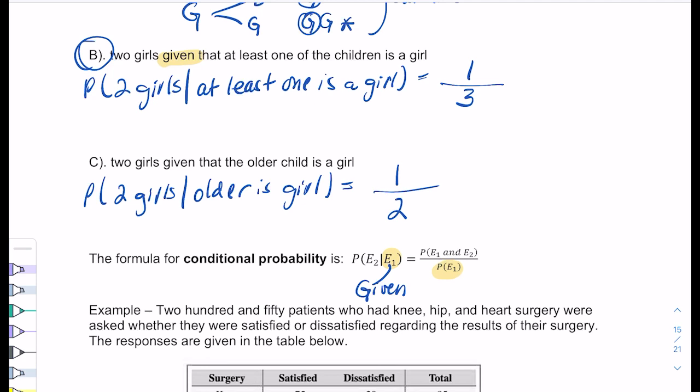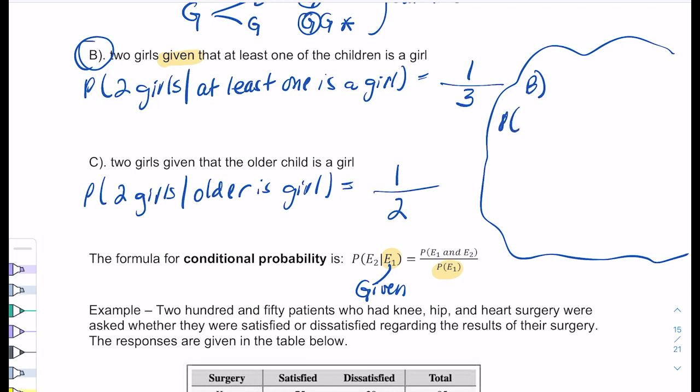Okay, so let's look at letter B, and let's see how we could get the same answer. So I'm looking for the answer of 1/3, right? So here I'm looking for the probability that the family has 2 girls, given at least one is a girl. So I'm going to use my formula.